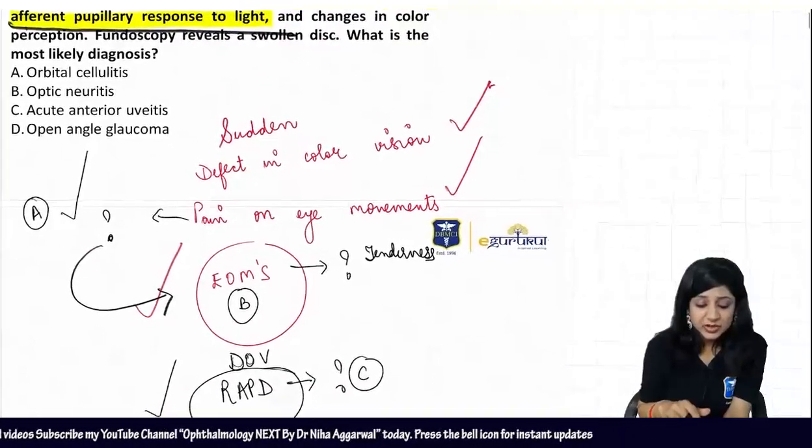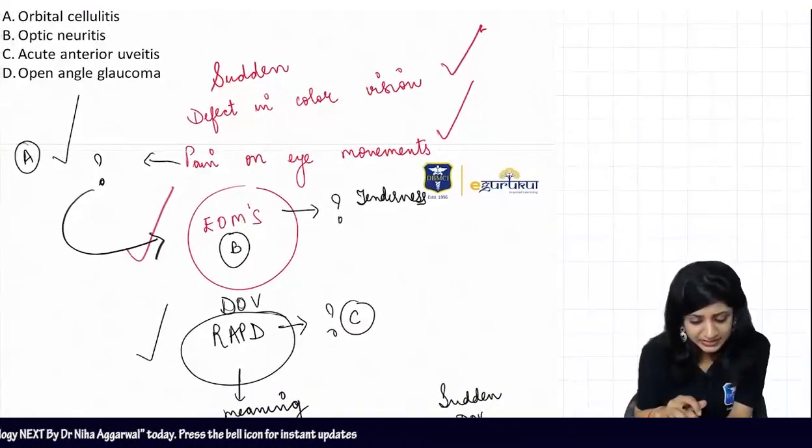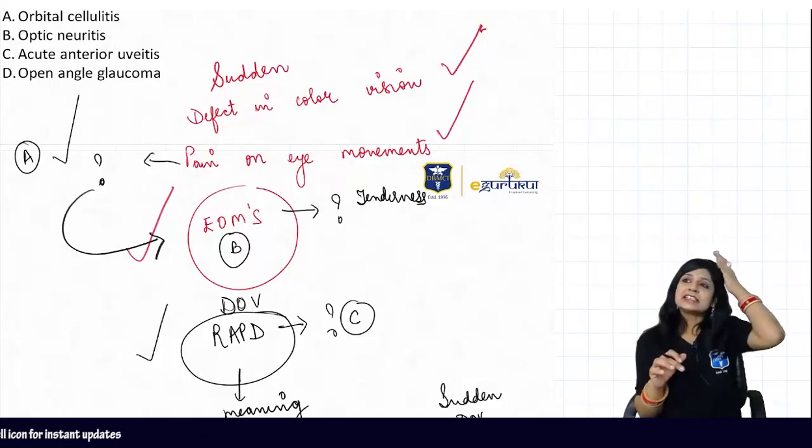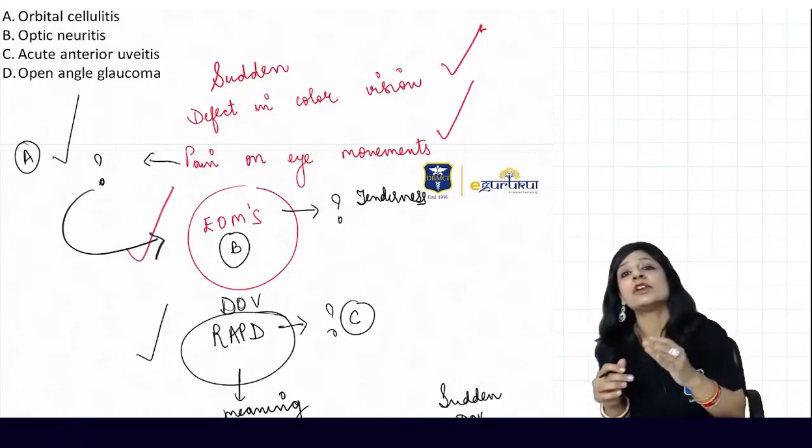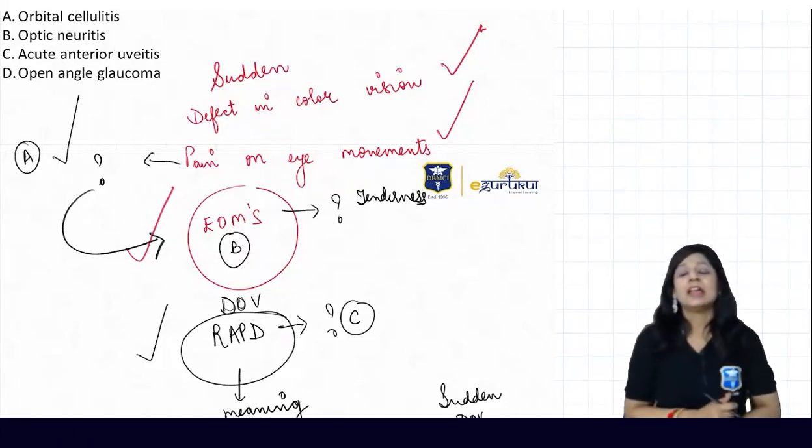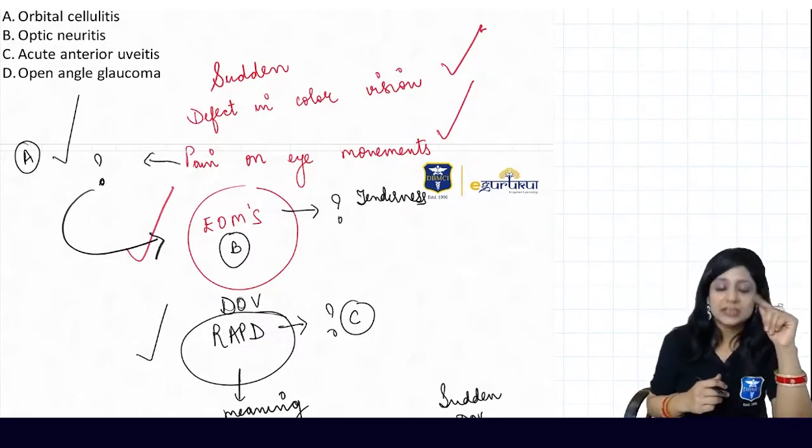See, these are the things you will come to know. Nimai is saying C. Nimai, how it is C? Acute anterior uveitis will give you defect in color vision or eye painful ocular movements. Both of the things will not be present in acute anterior uveitis.